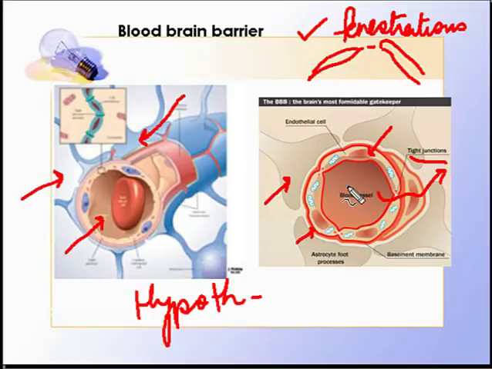So it's absent in those areas which really need it, but in other areas this barrier is present so that it protects the nervous tissue and prevents harmful substances from coming in contact with the nervous tissue.